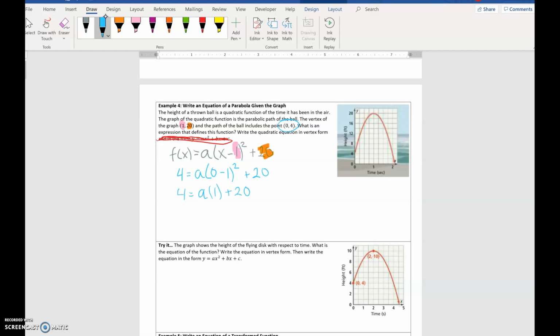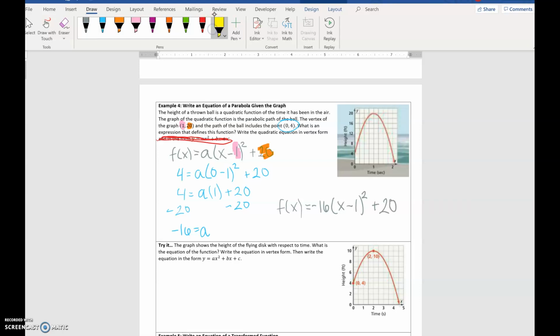So now we're going to subtract 20 on both sides. So now we have -16 equals a times 1, which is the same as just a. So now we have our a value, and so we can just write our equation. f of x equals -16 times (x minus 1) squared plus 20.